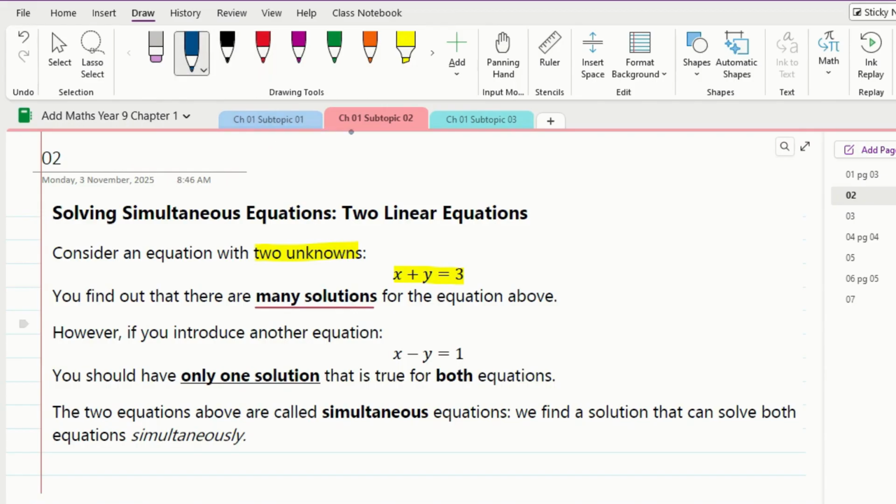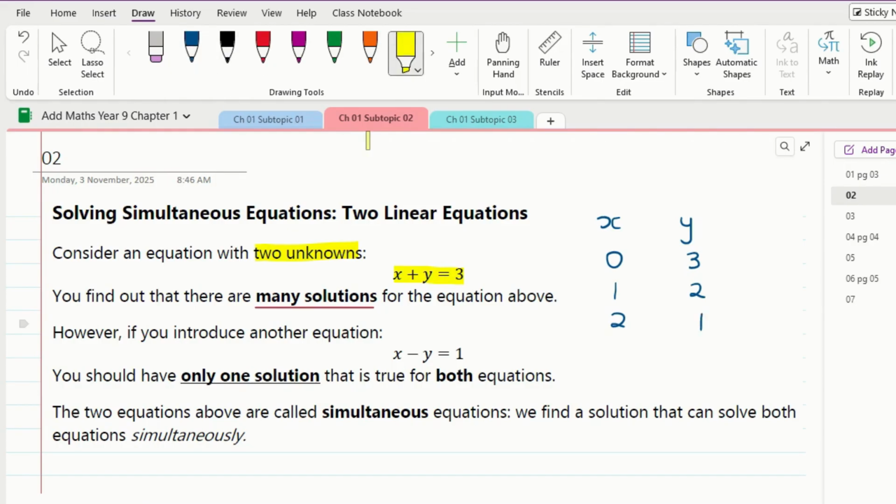We can guess values of x and y: to get 3, you can have x equals 0 and y equals 3, or 1 for x and 2 for y, or 2 for x and 1 for y, and so on.